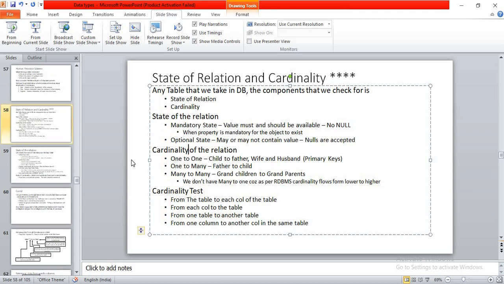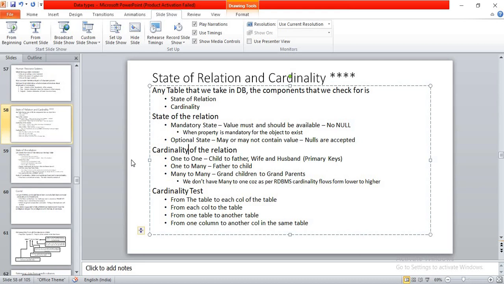So what is many to many? Many to many is where for one here, there can be many there, and the same way the opposite. One to many, both sides. That is like grandchildren to grandparents. If you take a grandparent, they can have many grandchildren, because they might have two to three children, and those children might again have children.